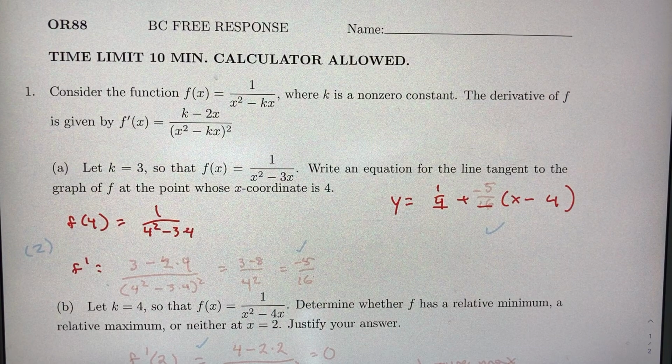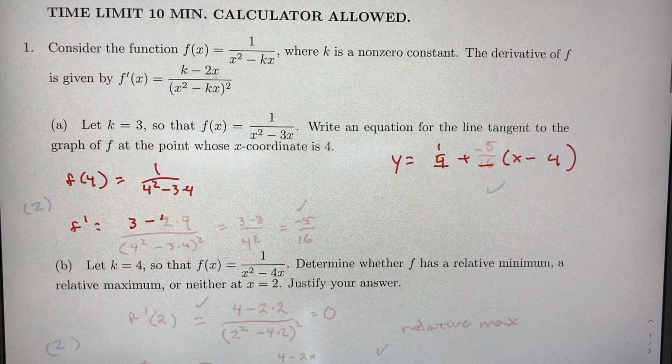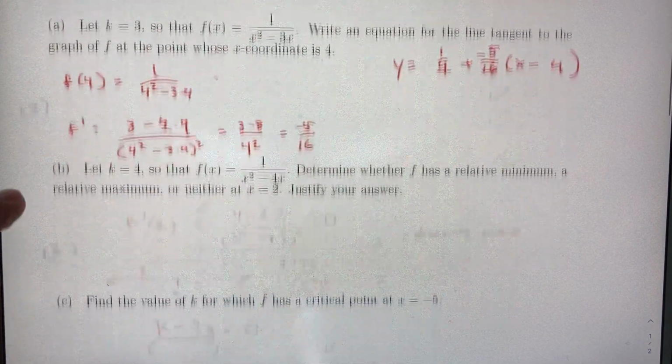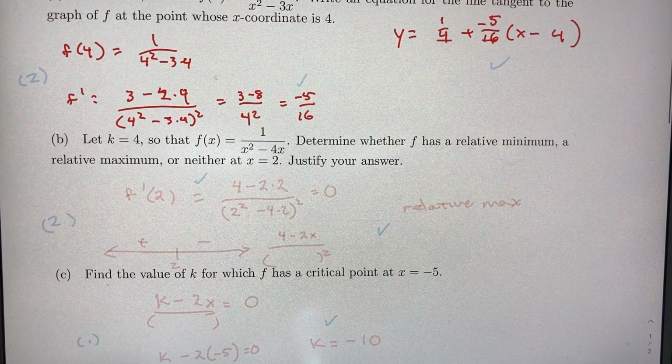They told you the formula for this, so this is really kind of stupid. And they allowed you to use a calculator for it. Yeah, whatever.